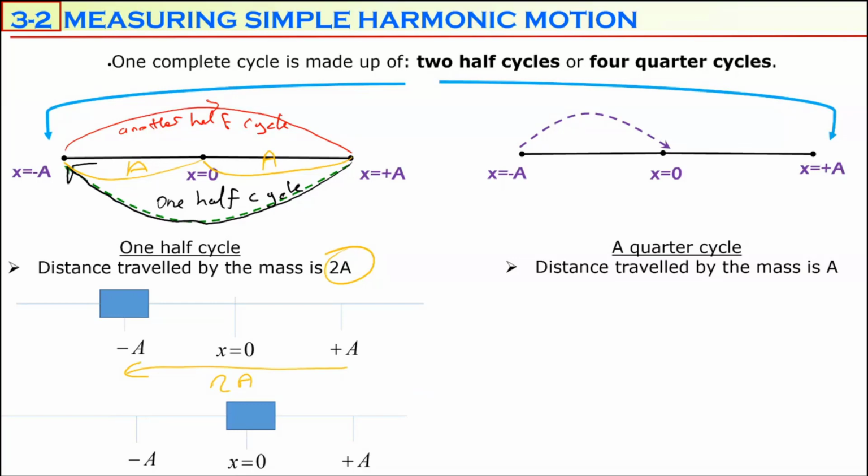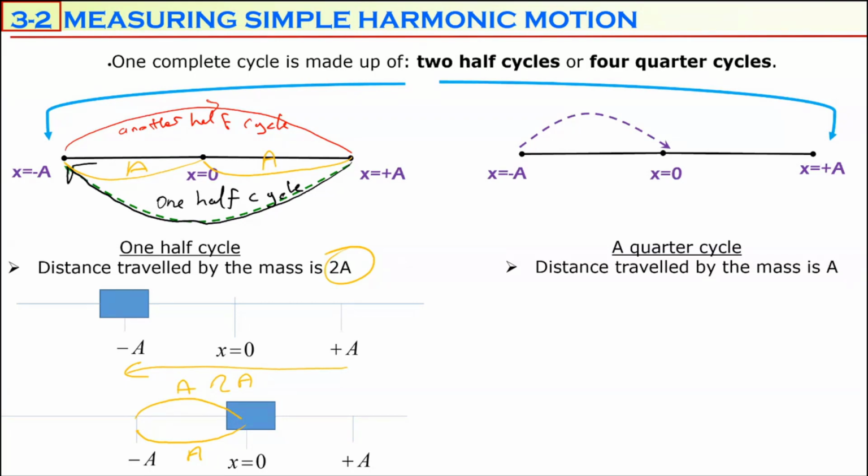For that reason, we cannot say absolutely that net displacement is 0. Net displacement can change depending on where the object started, but distance is always 2A. Distance for a half cycle is 2A, but displacement can change.